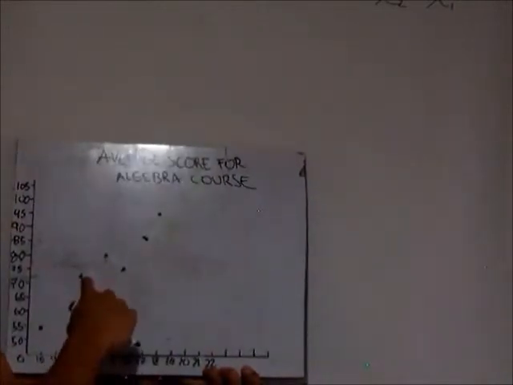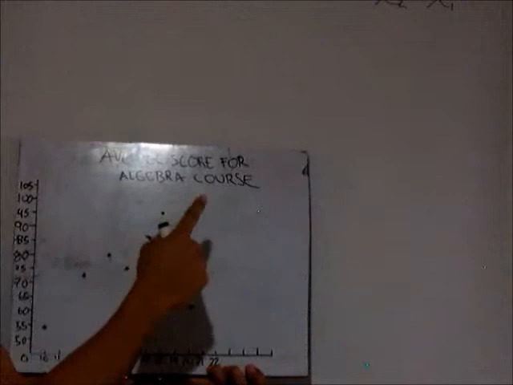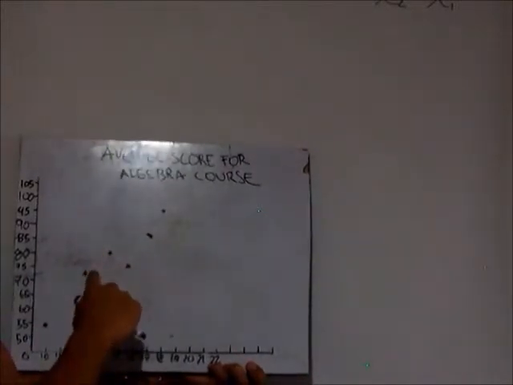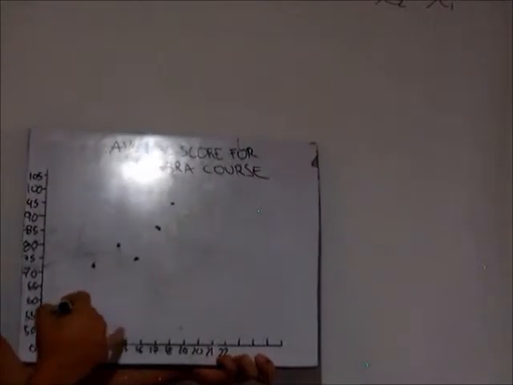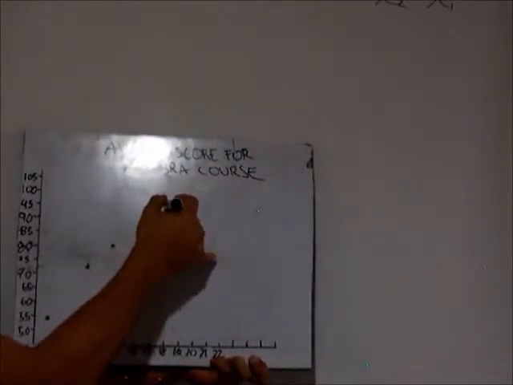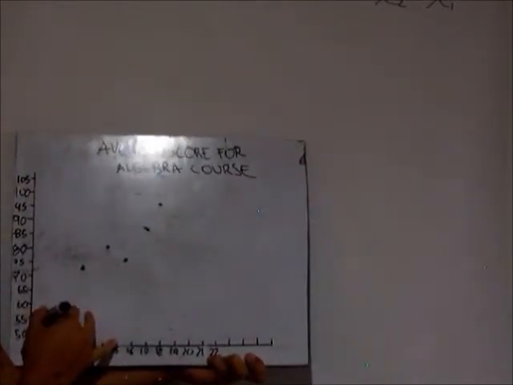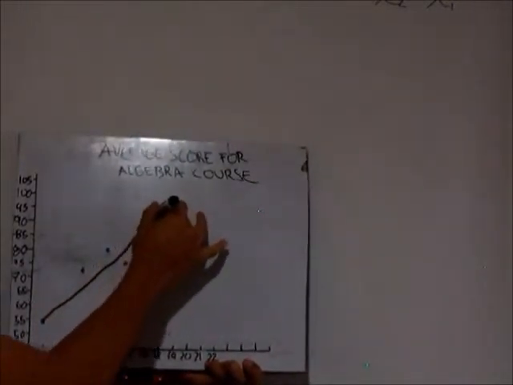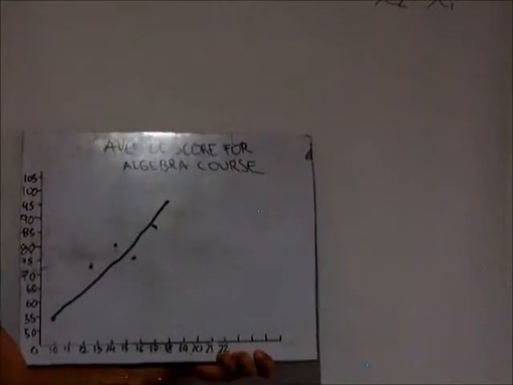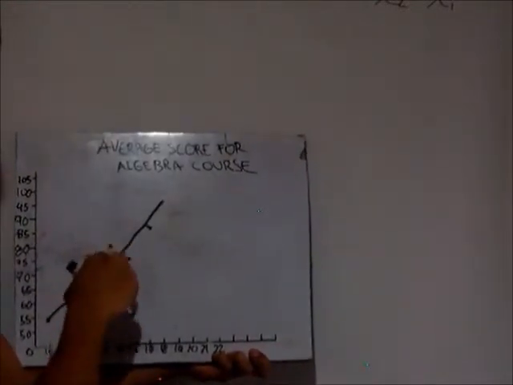If you use from here to here, you will leave this one alone, so it's better to start from here and end in here. So we'll do something like this. This line covers almost all the points in the graph.